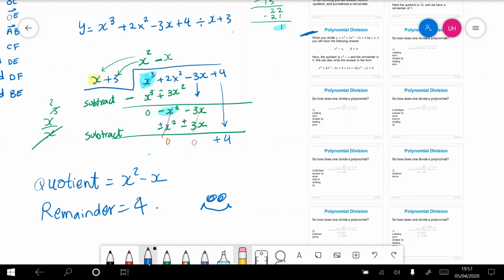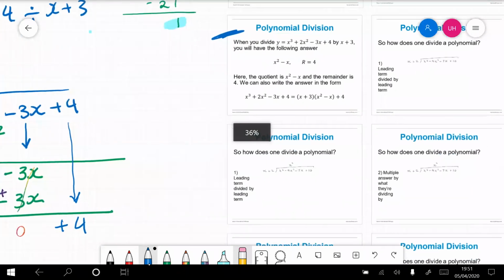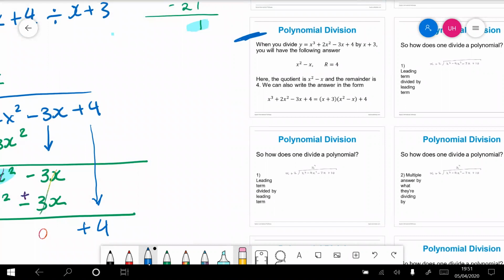You can see this example somewhere in these slides. So when you divide this by x plus 3, we got x squared minus x as the quotient, and r equals 4 is the remainder.